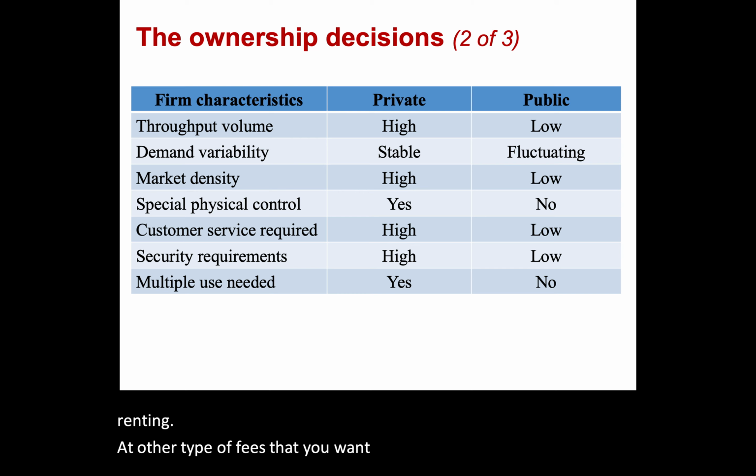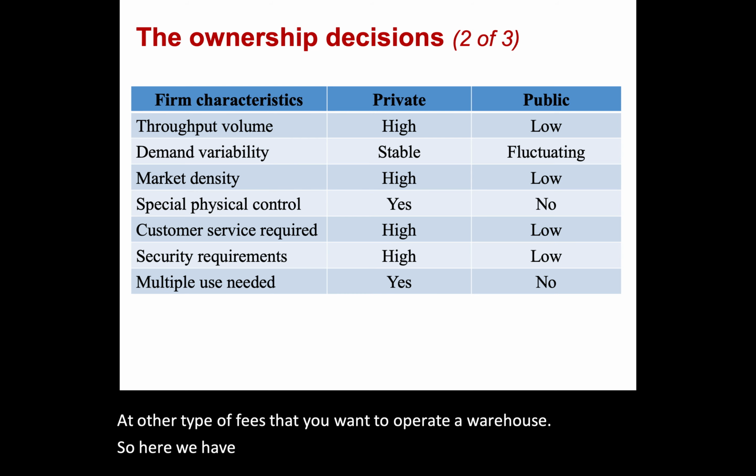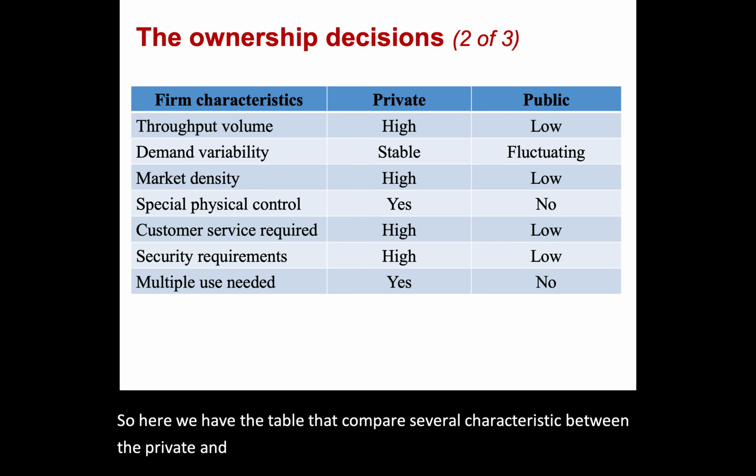So here we have the table that compare several characteristics between the private and the public warehouse for a firm to consider which type of ownership that they should define for their warehousing strategy.